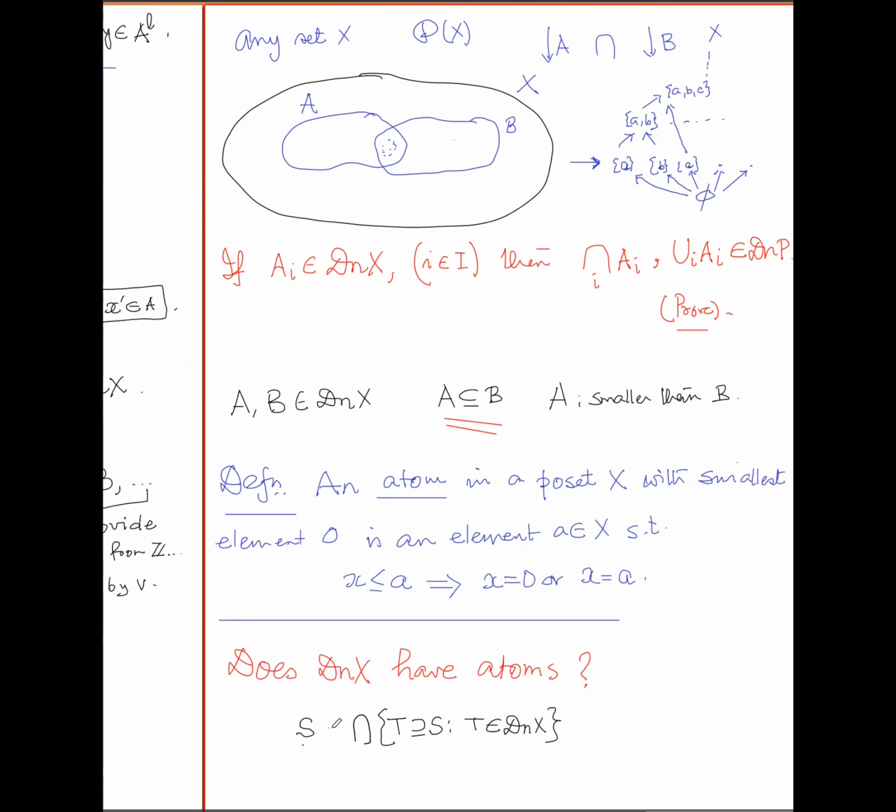But then this is obviously S, because S itself is over here. Yes, S is the intersection of everything which is above it. You can actually make this proper.